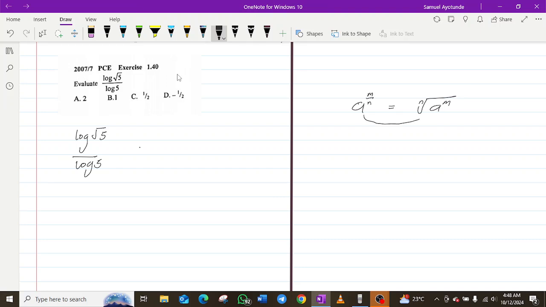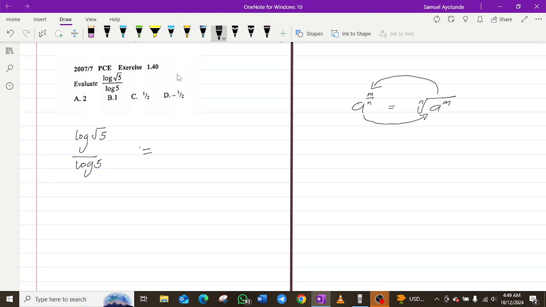So we can simplify in this way. We can also simplify this way. So if I have a root, a square root, cube root, fourth root, I can turn it to a fractional power. Just like I have a root 5 here, I can turn the root 5 to a fractional power. Square root is 2.